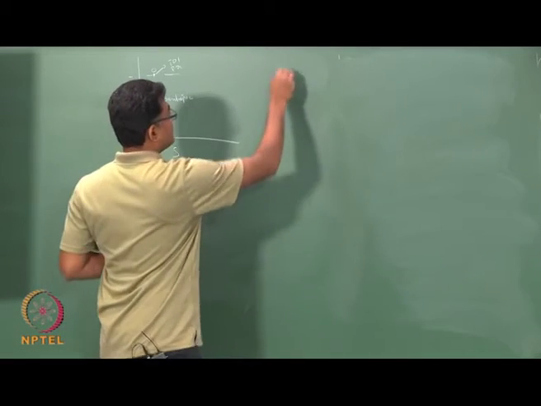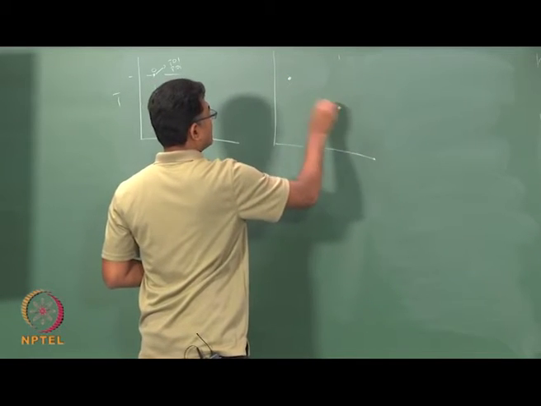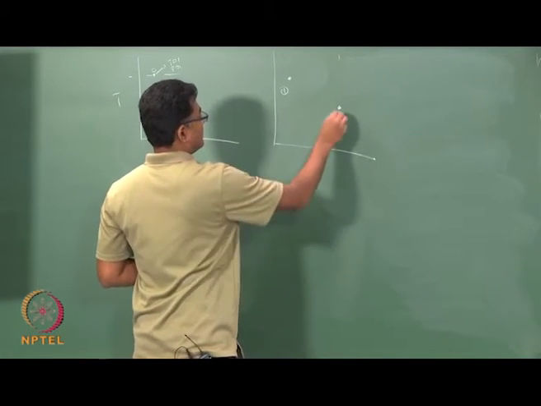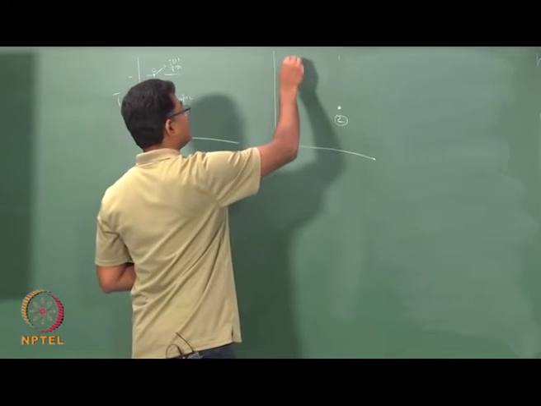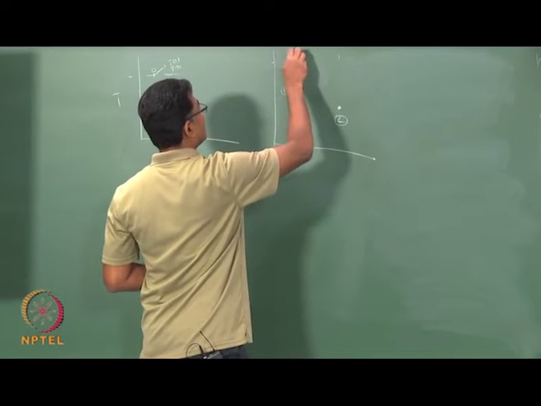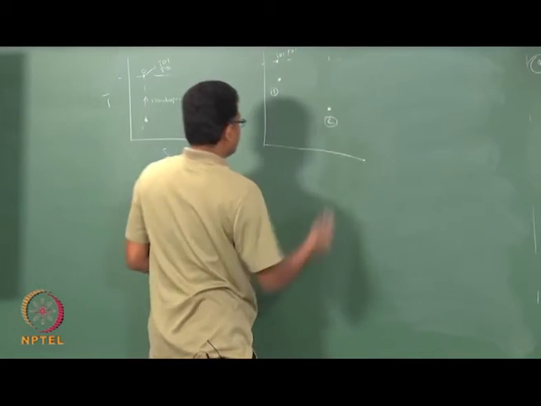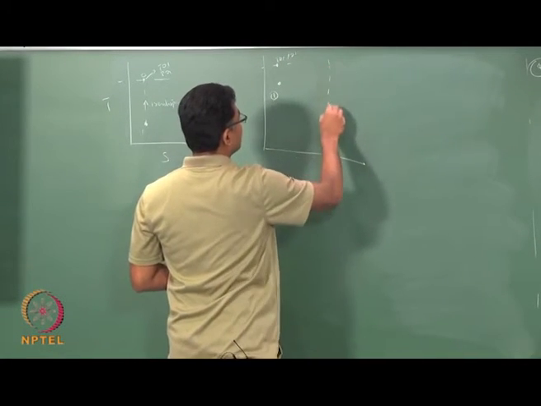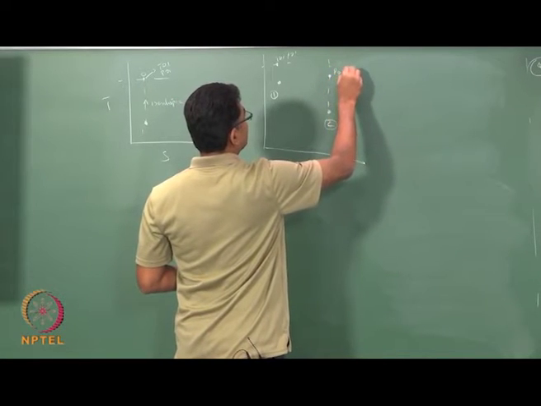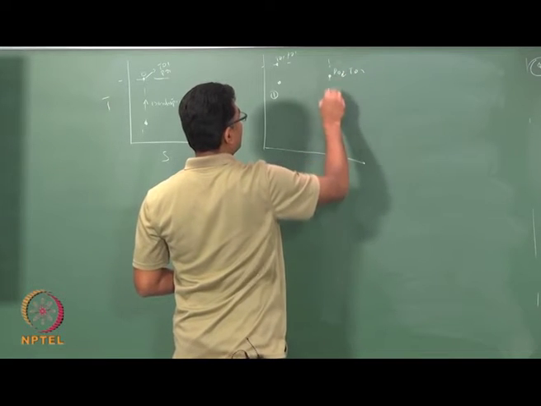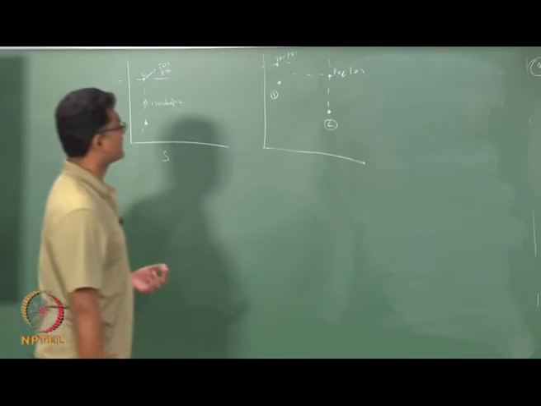Now, for process 1 to 2, associated with 1 you have stagnation quantities T01 and P01, associated with 2 you have an imaginary state where your stagnation quantities are P02 and T02, which need not be the same, okay.